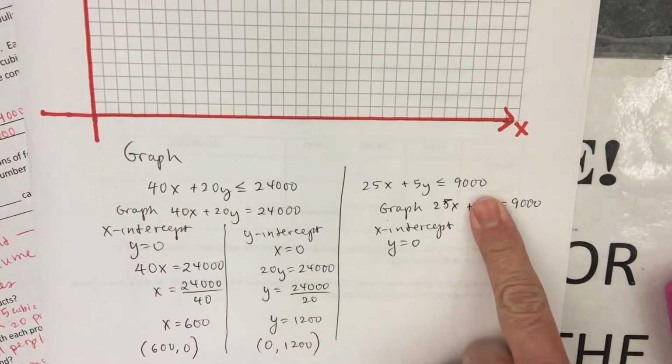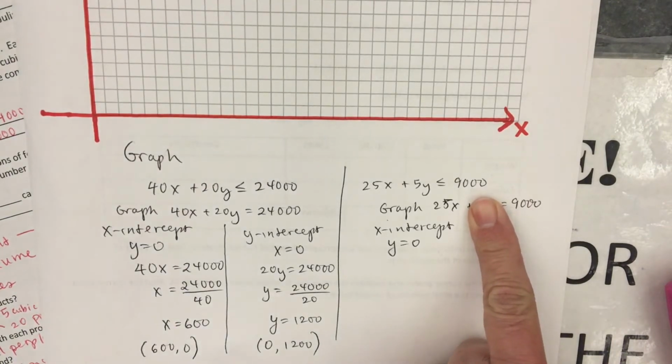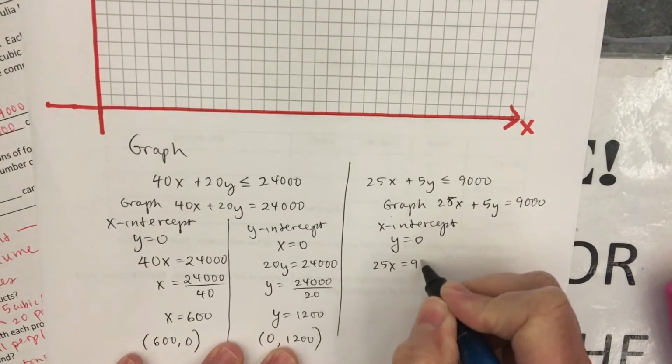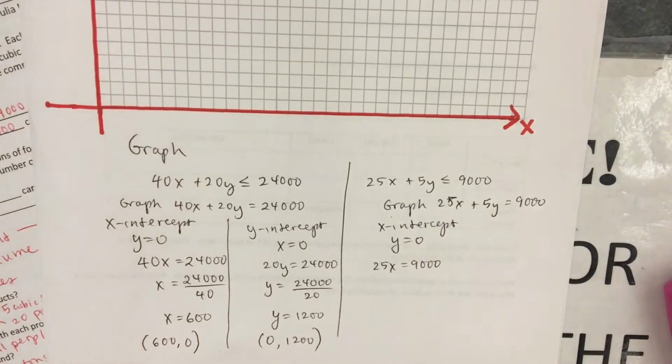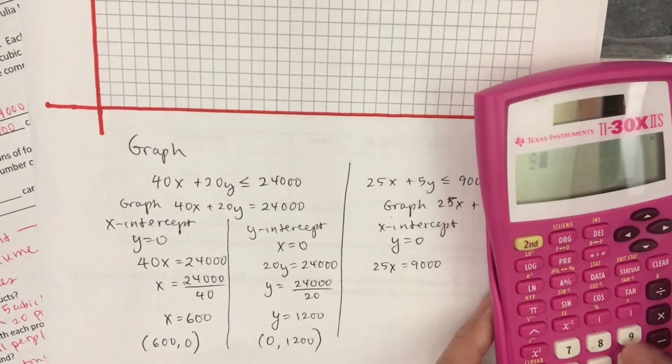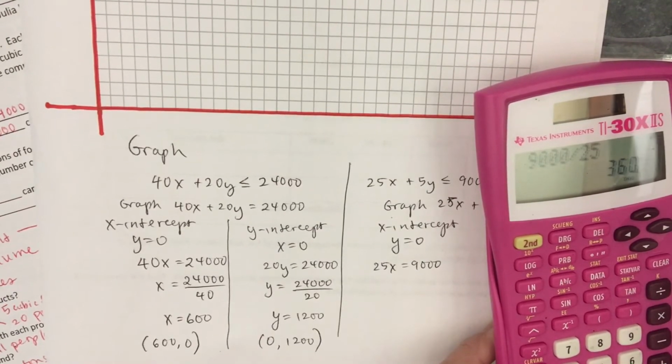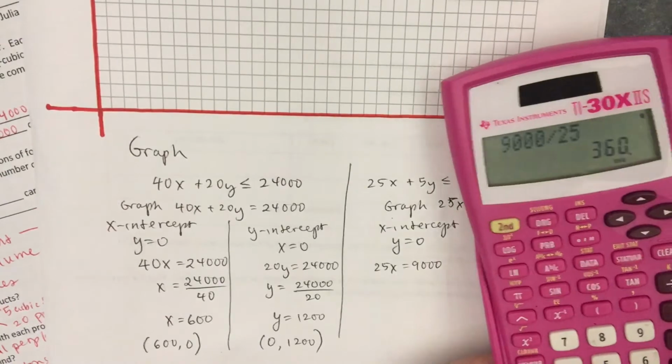Cover up 5y, and we have 25 times x equals 9,000. So 25x equals 9,000. Let's divide 9,000 by 25, and I get x is 360.